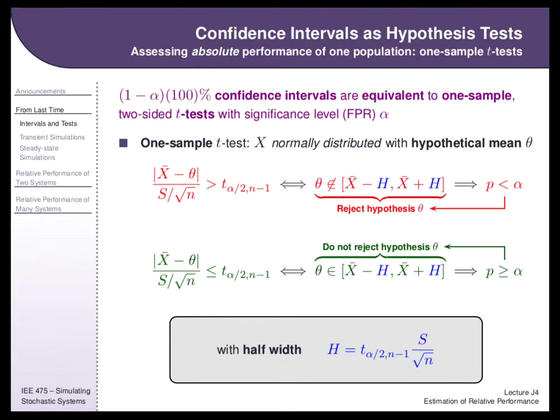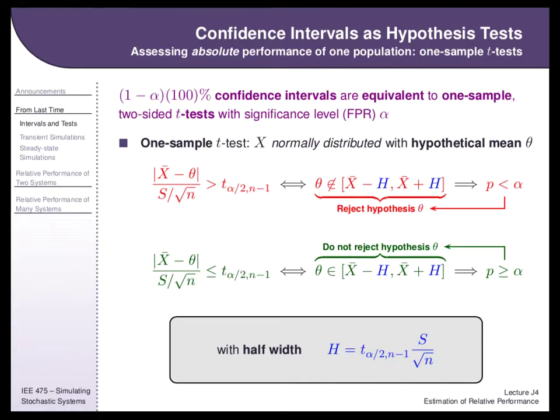All right. So last time we started talking about, for the one sample case, how a confidence interval is just a graphical interpretation of a one sample t-test. The idea here is that if I were to do a t-test, and I have to assume normally distributed data, and I'm only making an inference on the mean of that data, then if the null hypothesis is true, sometimes I'm going to get samples, x bar, that are far from the actual mean, theta.